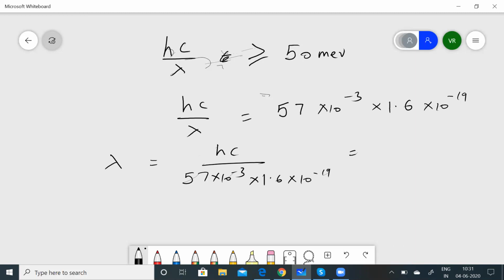We know the value of h is the Planck's constant, 6.6 into 10 to the power of minus 34, and c is 3 into 10 to the power of 8, divided by 50 into 1.6 into 10 to the power of minus 22. Sorry, it is 50, not 57. I put it as 57.